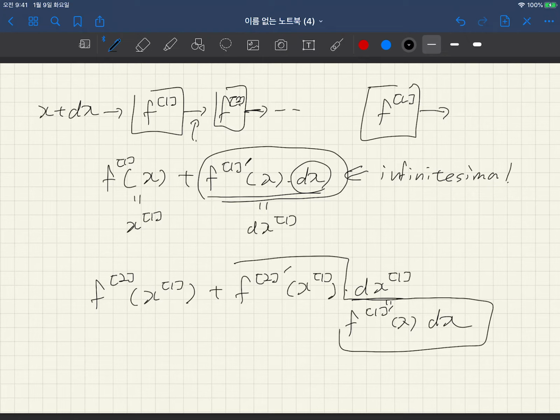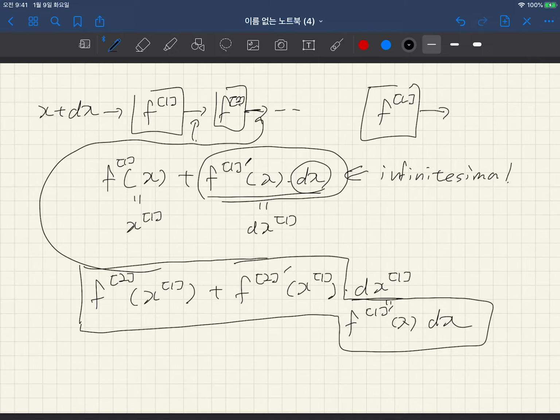So this is the equation right after function f2.